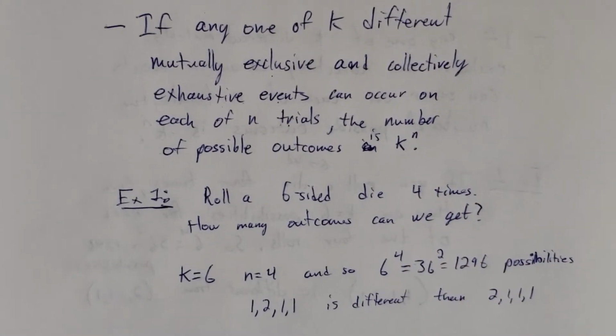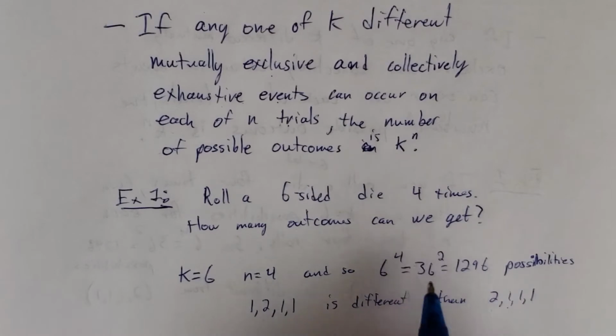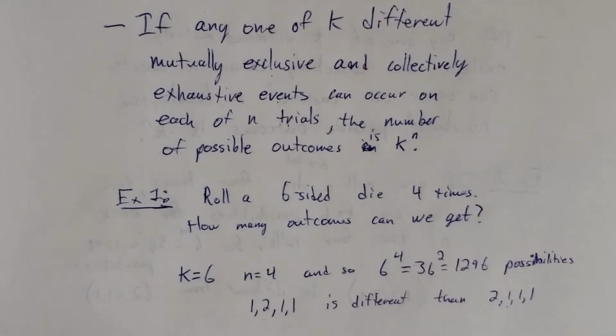Even though rolling a 1, then a 2, then a 1, then a 1 has the same total as a 2 and three 1s, the fact that we rolled the 2 on the second roll relative to the first roll makes these different outcomes. If we're counting those as different, then this is the number of total possibilities. Later on, we'll look at how to count when these are not different, but we're not doing that right now.